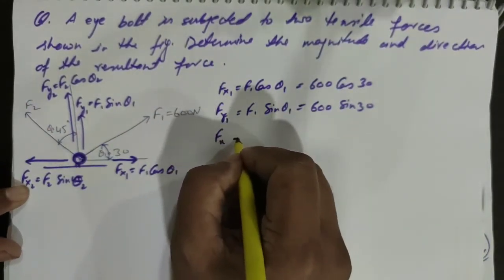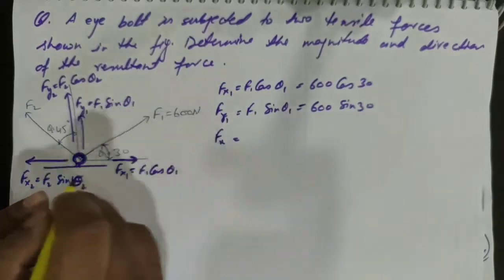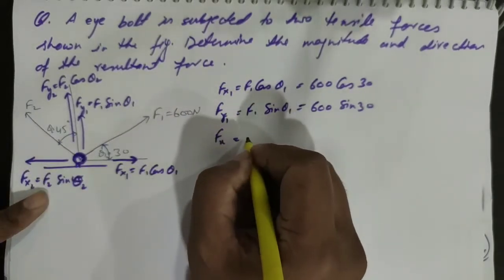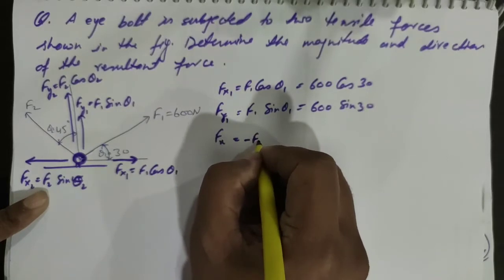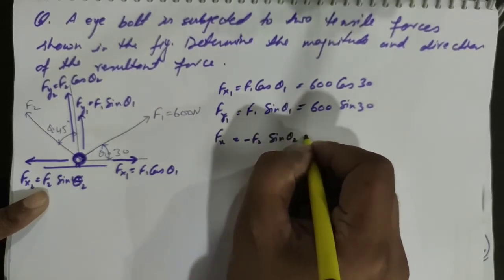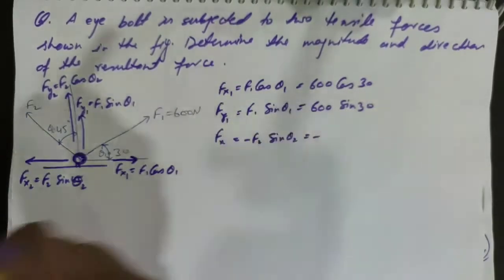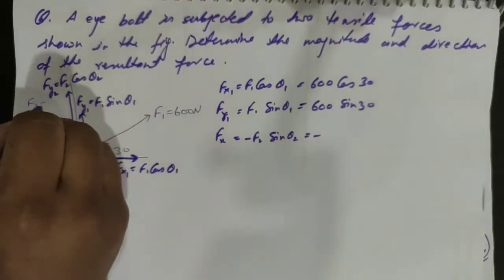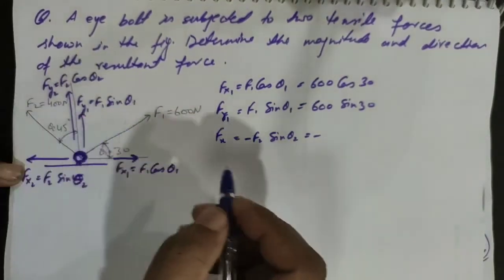Fx2 is equal to, this direction is negative, minus F2 sin theta 2. The value of F2 is given as 400. Sorry, I missed it.